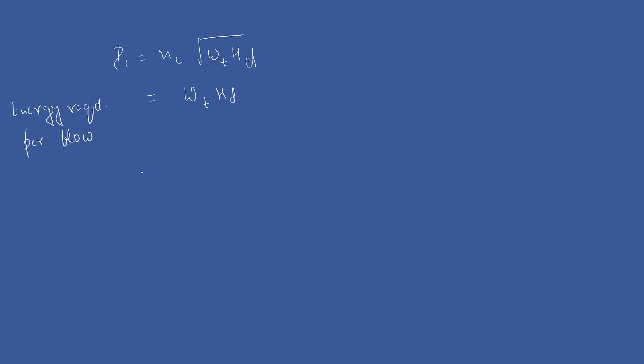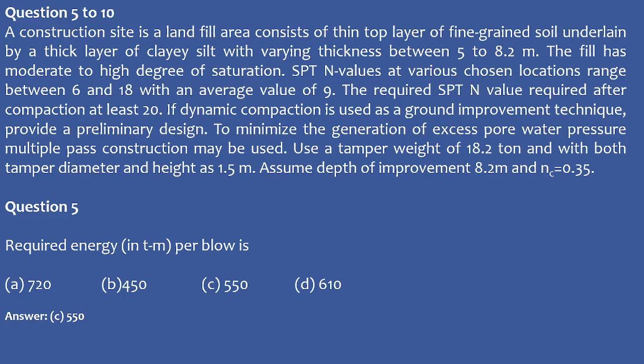If we put in the values, Di is 8.2 and Nc is 0.35, so you will get the corresponding answer as 55 ton meter.